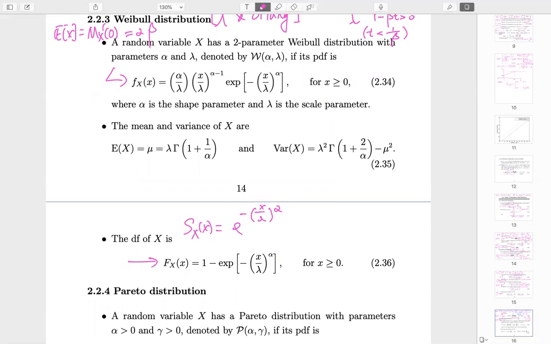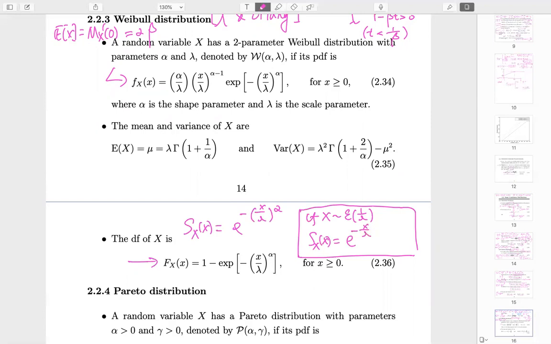What is the survival function of an exponential? Let me put a little box to show. Let's say X follows exponential with mean 1 over lambda. Then my survival will be e to the negative x over lambda.